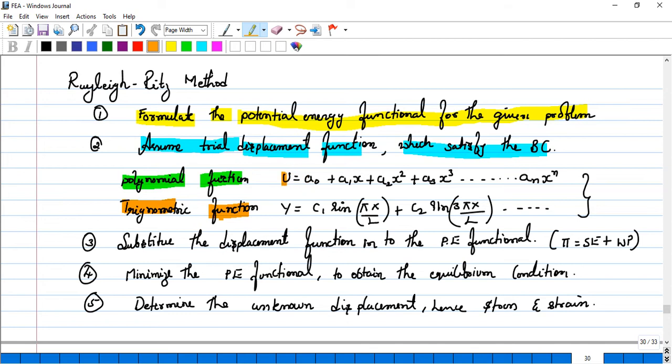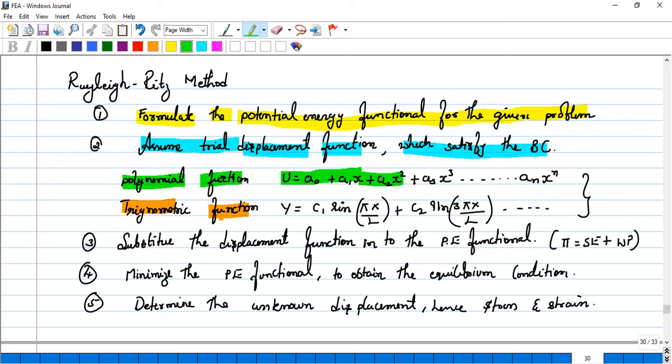So in the given problem they have specified very clearly, that is we have to use polynomial function given by U is equal to A naught. So let me use the same color. So U is equal to A naught, this particular polynomial. And again they have clearly specified, they made our job easy. They have said second order. So the equation will be U equal to A naught, A1x, this is the first order, and this is the second order.